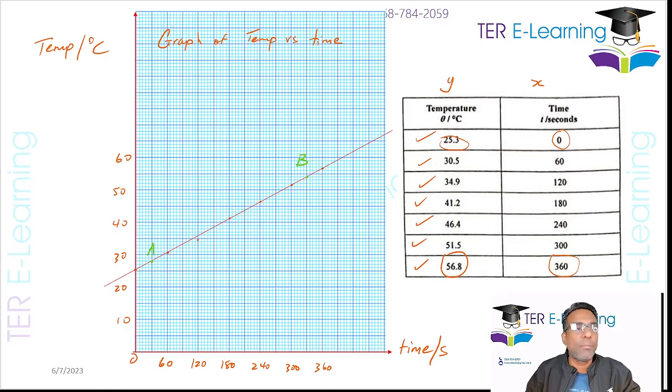Now in the exam, what they normally expect us to do is to draw or complete a right angle triangle to show them exactly what we're using to get the gradient. So what you will see sometimes, they will tell us to complete a right angle triangle.